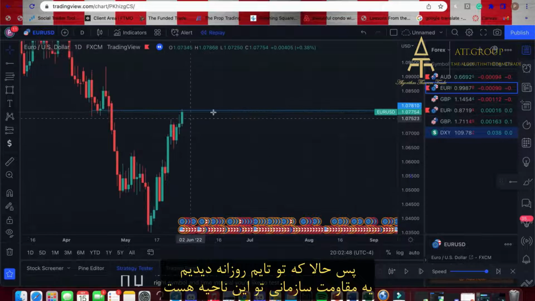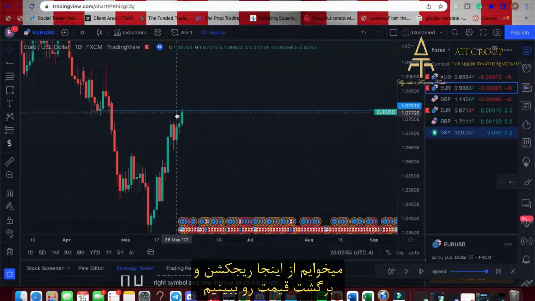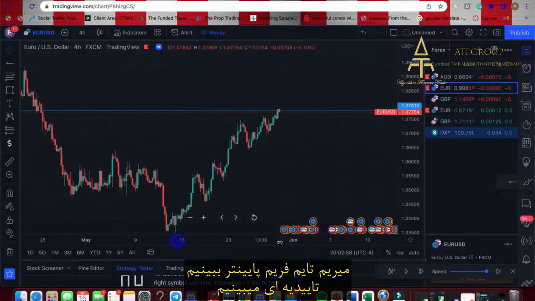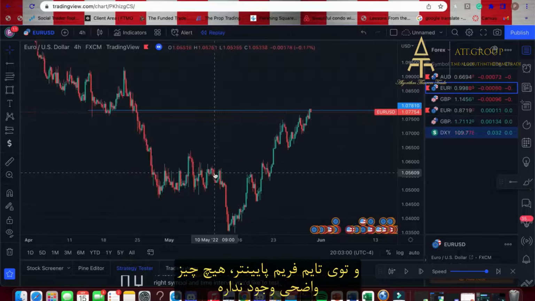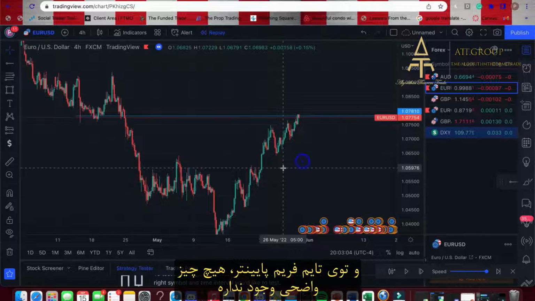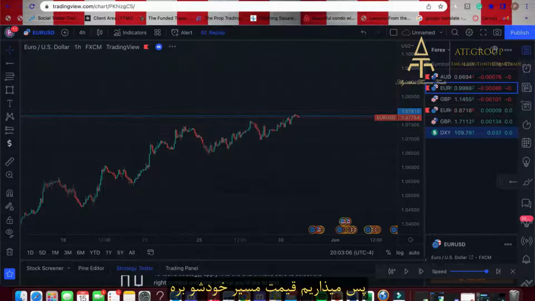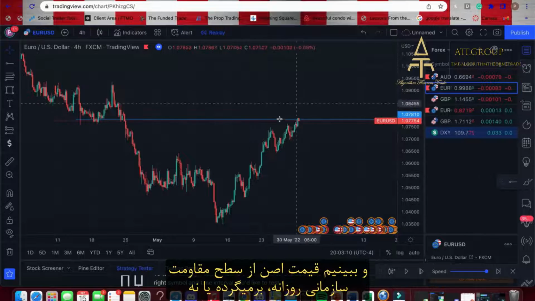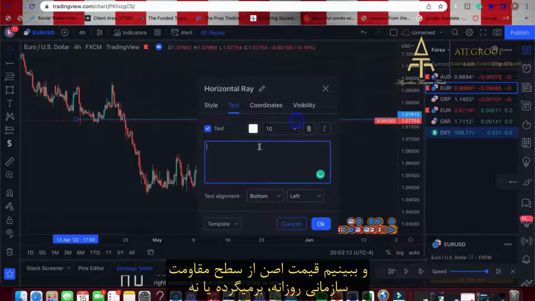So now that we see on a daily that there is some institutional resistance in this area and we're expecting some type of rejection, we go on the lower time frame to see if there's any confirmation of that, and on the lower time frame there's not really anything clear. So what we do is we just let price do its thing and try to see if price does reject off our daily institutional resistance levels.